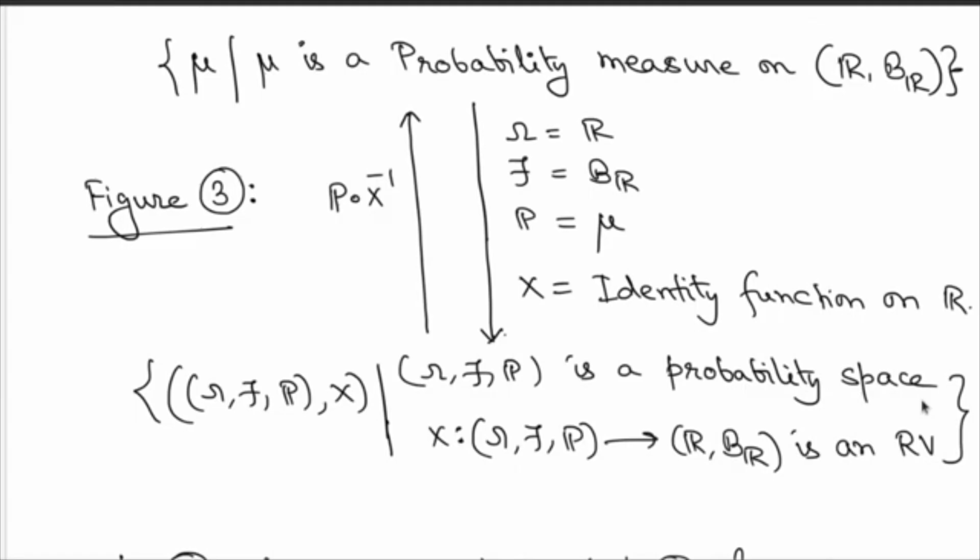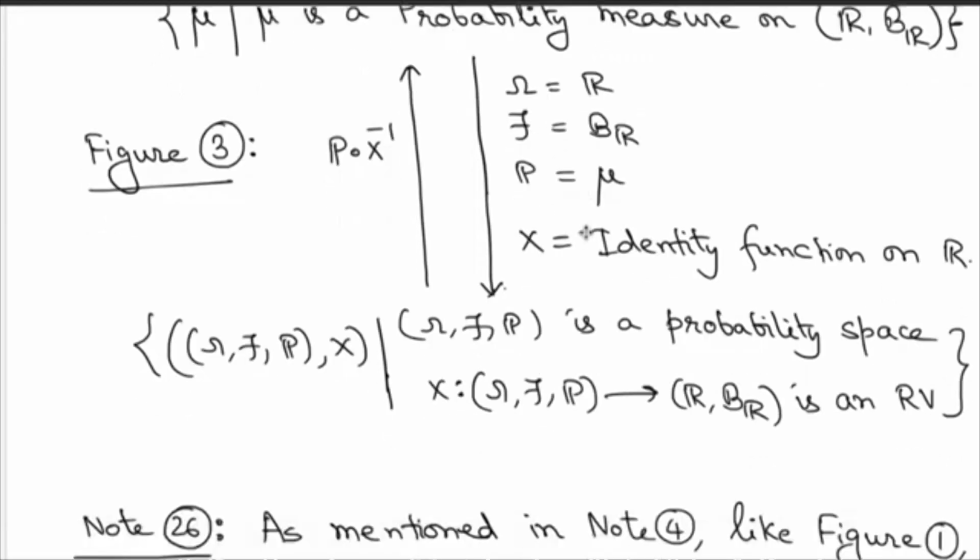So in figure 1 in note 4, earlier we had discussed this. So P compose X inverse was going in this direction, that given random variables on top of certain probability spaces, you look at P compose X inverse that landed up in a collection of probability measures. So that was this direction. But now we are constructing the other direction with these choices for the domain side. Okay, so therefore you get a function going in the other direction.